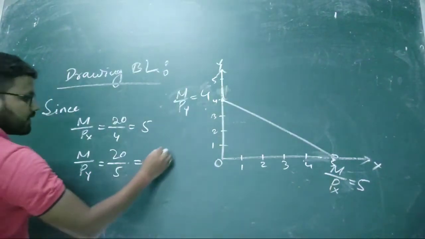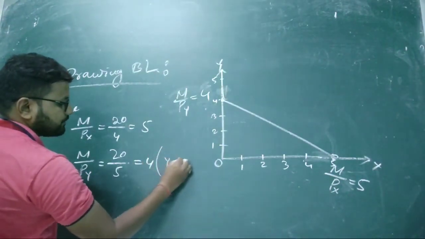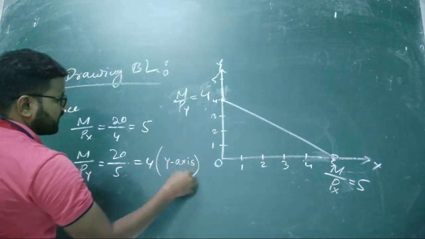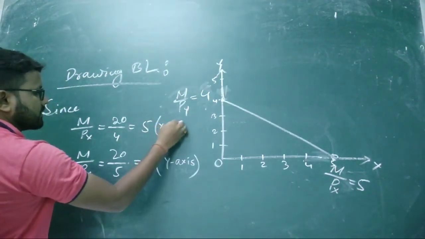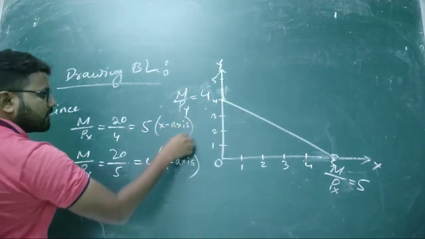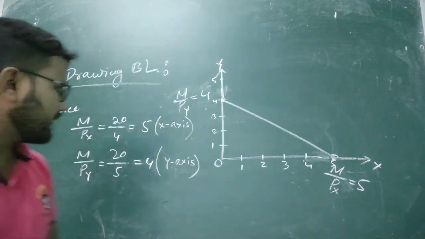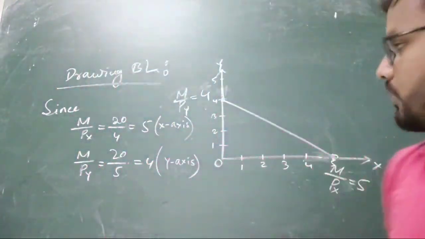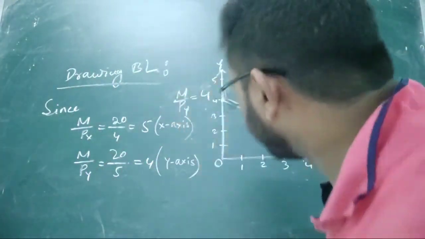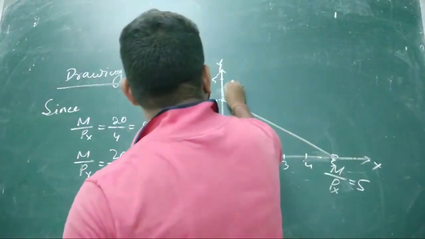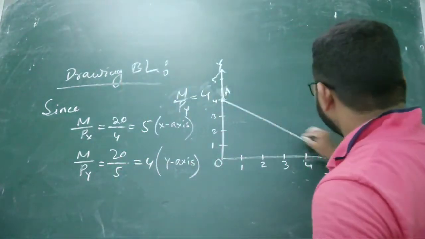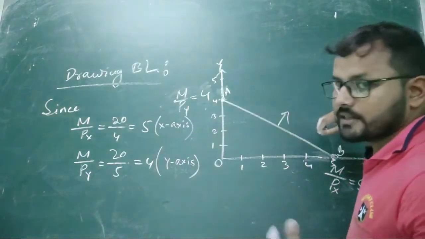So this AB is the budget line which indicates a budget equation.